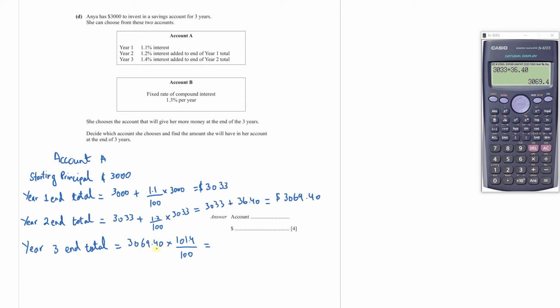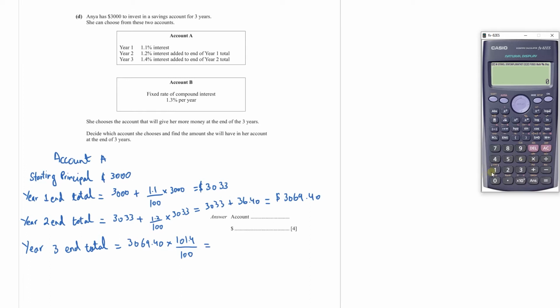So you have this initial amount and your interest is 1.4%. If you add this to 100, you get 101.4%. So your final value will be 101.4% of this initial value, 3069.40, which is the year two end total. You can do this directly, or if you want, you can calculate the interest separately and then add it together.